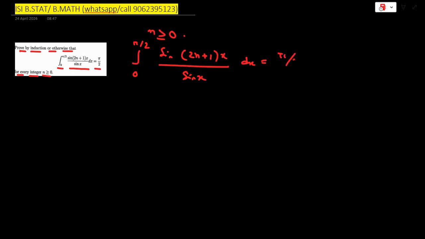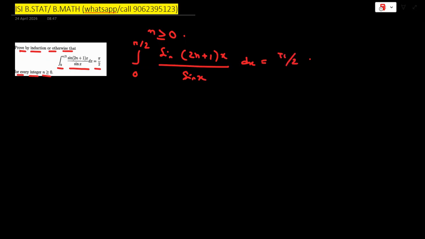So we have to prove that for every integer n greater than or equal to 0, the integral from 0 to pi by 2 of sin((2n+1)x) by sin x dx is pi by 2.